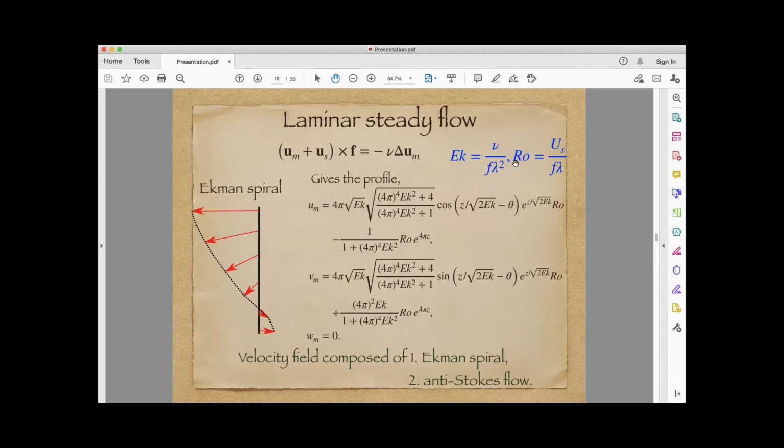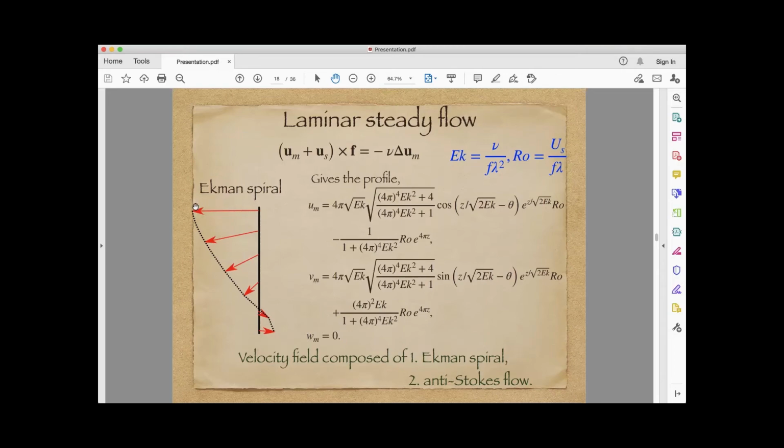You have an Ekman number, which is the ratio of viscosity over the Coriolis term, and a Rossby number, the effect of the non-linear term over the Coriolis term. With these two non-dimensional numbers, you can write down the velocity field. It looks unnecessarily long, but it's actually composed of just two parts.